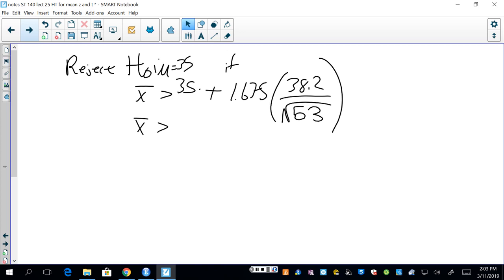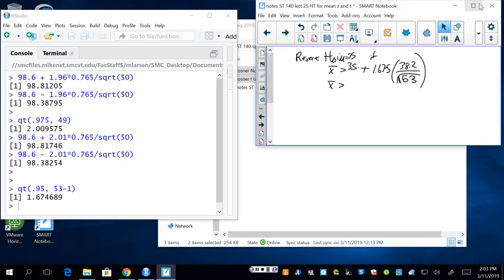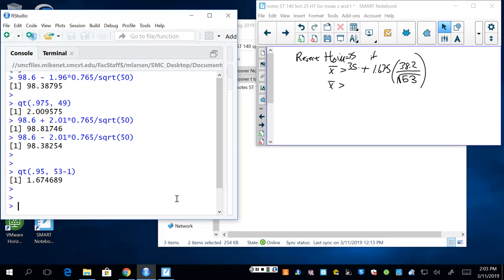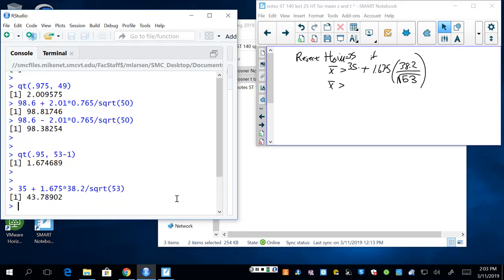What is that? So if x bar is greater than 35 plus 1.675 times 38.2 divided by the square root of 53, if it's greater than 43.7, we will reject.